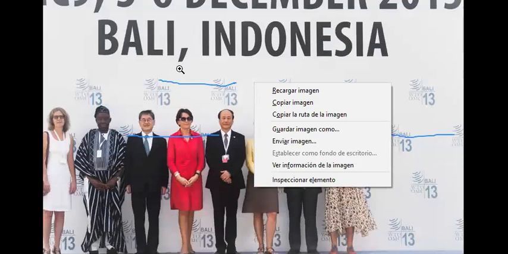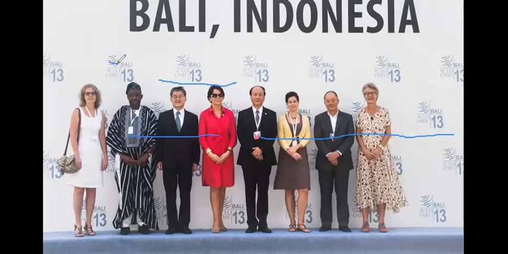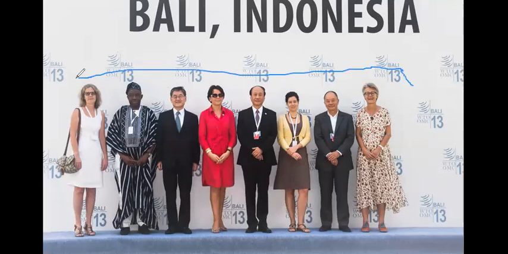Let's see. What else can we say? We've got WTO, OMC, Bali 13. Bali 13. I'm wondering what's going on here. So we have 8 people here. Mostly they appear to be fairly advanced in years, certainly over 40, except for this lady here.